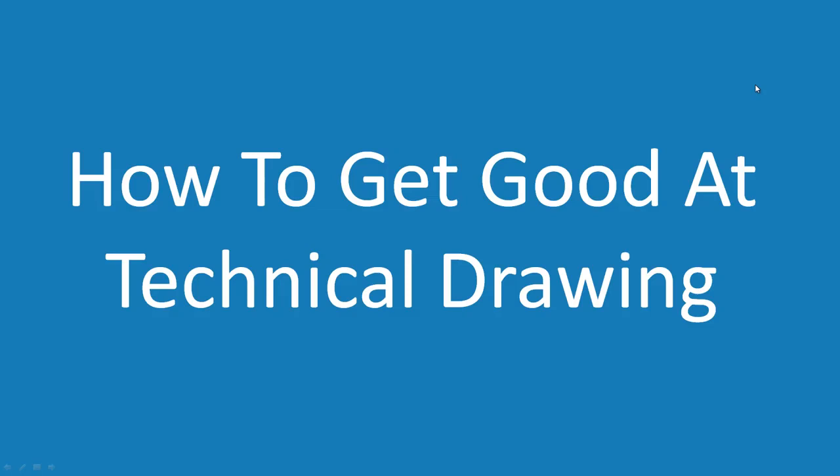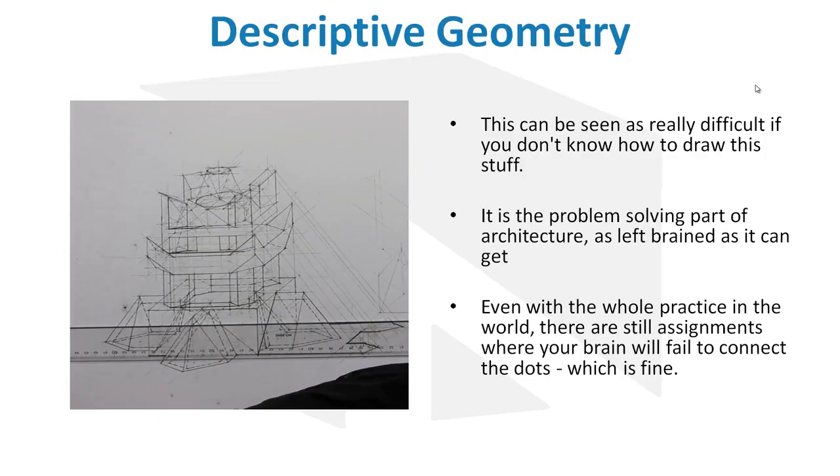Okay, so how can you get good at technical drawing? Well, there's just one way. To basically master descriptive geometry. So this can be seen as the really difficult part of learning technical, because it's not about graphics. It's 100% about you problem solving, and it's as left brain as it can get, because basically you need to problem solve.